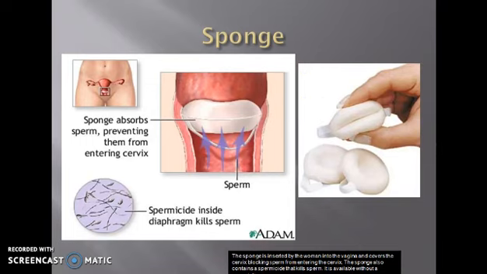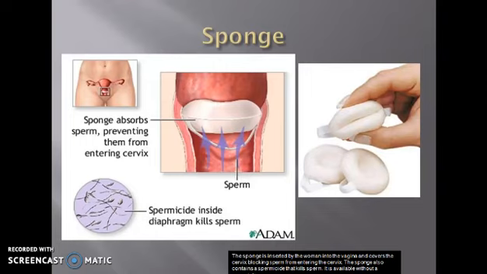Then we have the sponge. Look at it now. So you put it inside. It's also a barrier method. It covers the cervix. The sponge absorbs sperm, preventing them from entering into the cervix.